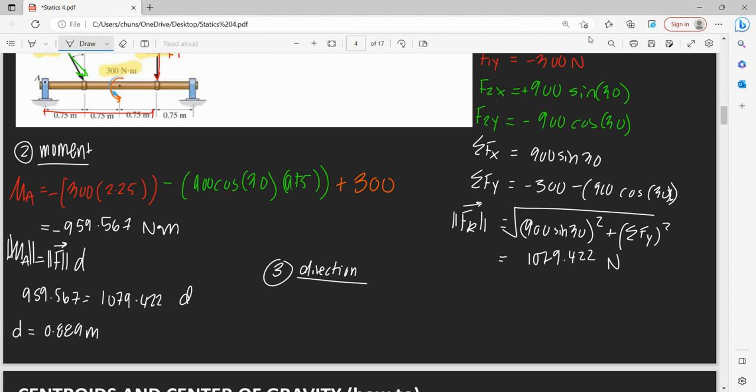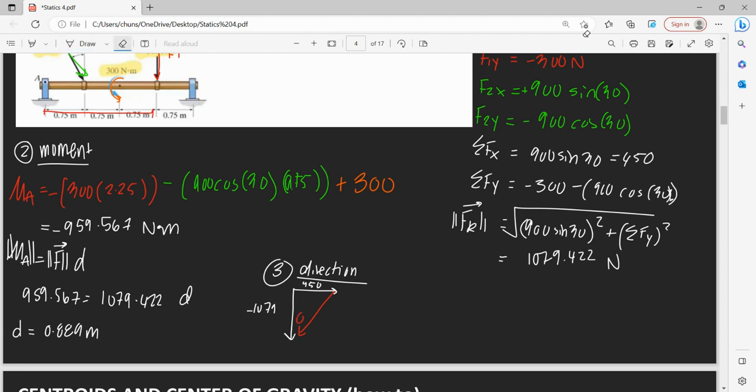And let's find the direction of our force. So in our y direction, we have negative 1079. And in our x direction, we have positive 450. So then we know our angle is going this way in quadrant 3.